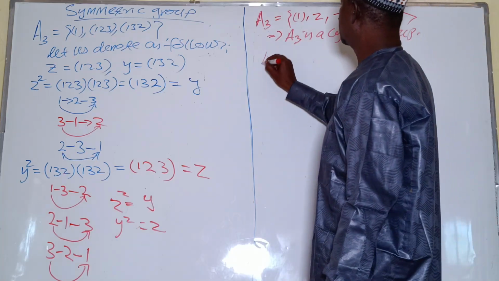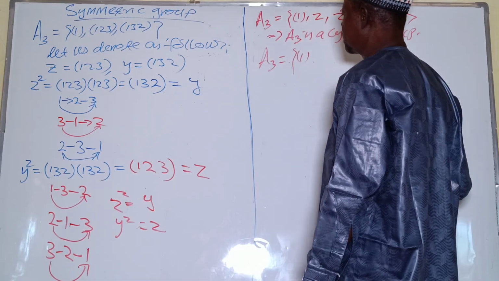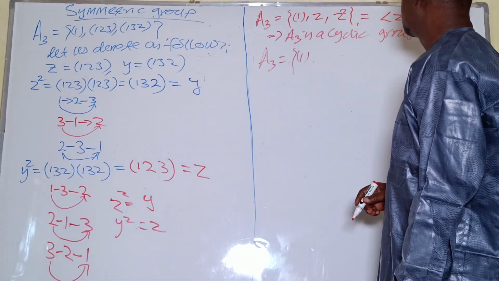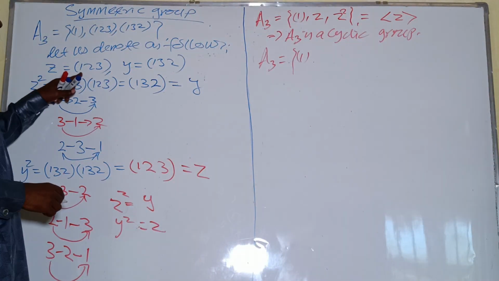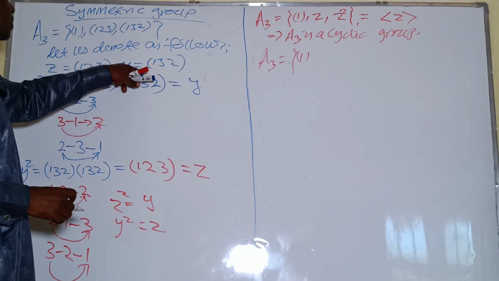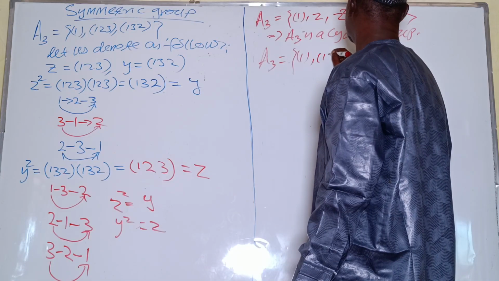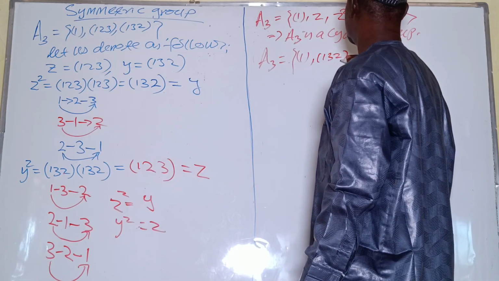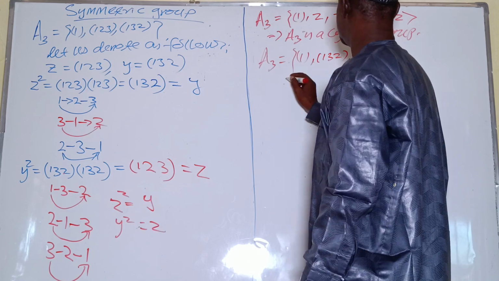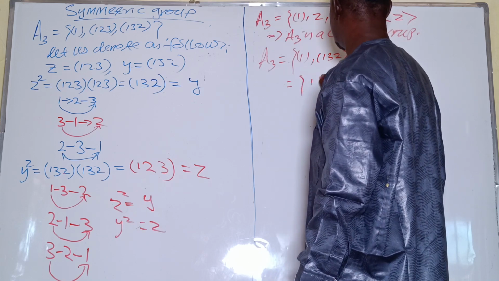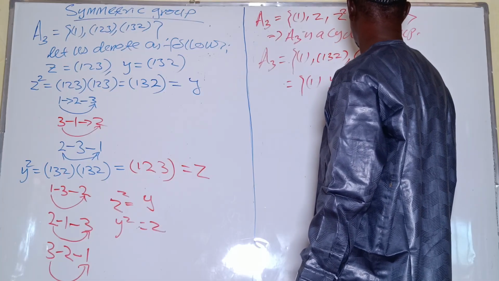I can also write it like this, if I like. Instead of Z, I can pick the second one, Y, which is (1 3 2). Meaning this is going to be 1, then Y, then Y squared.